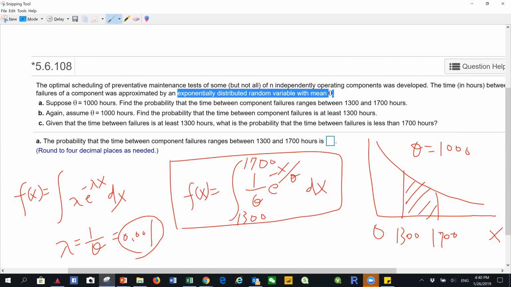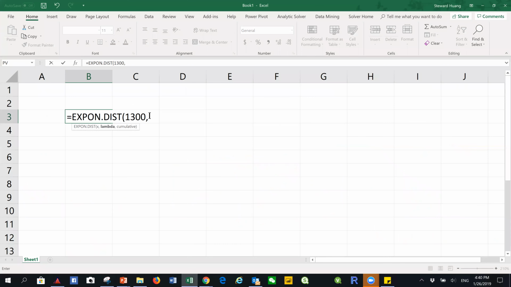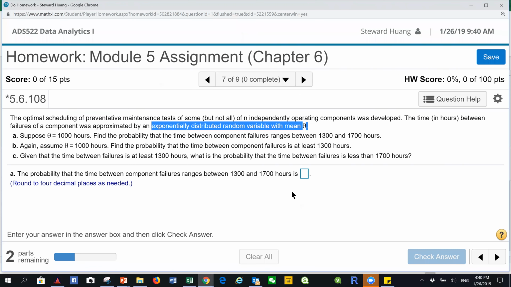So you have to put 1 over lambda and then cumulative. You do that for 1300 and for 1900 and find the difference. The result for 1900 will be greater, and the difference will be the answer. This is an exponential function, and I'll leave the rest of them to you.